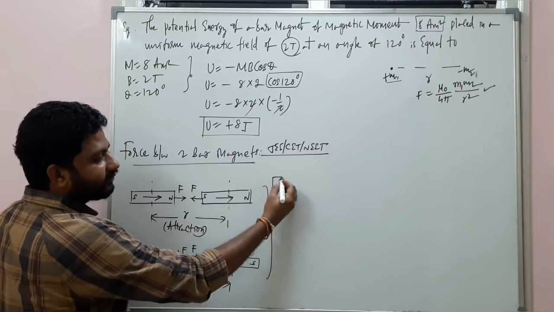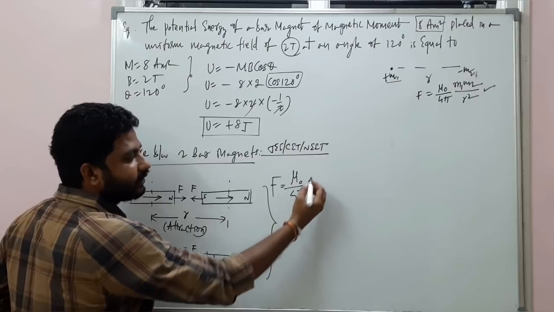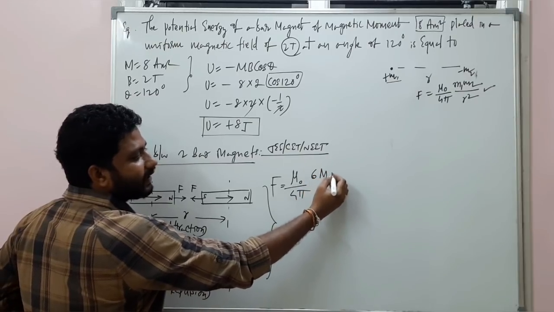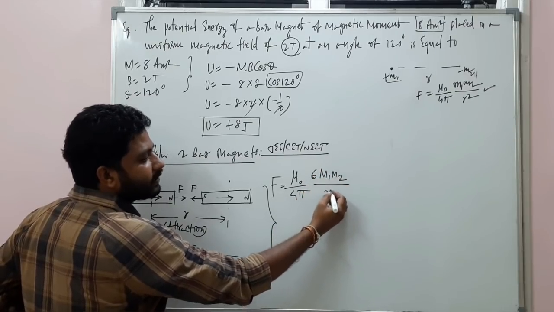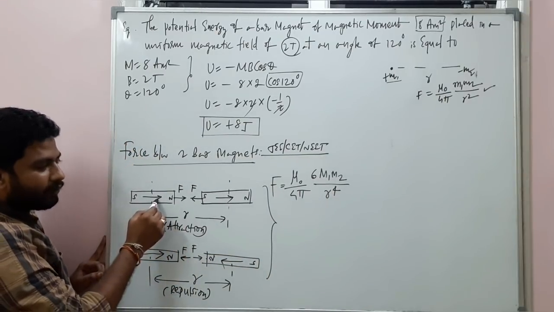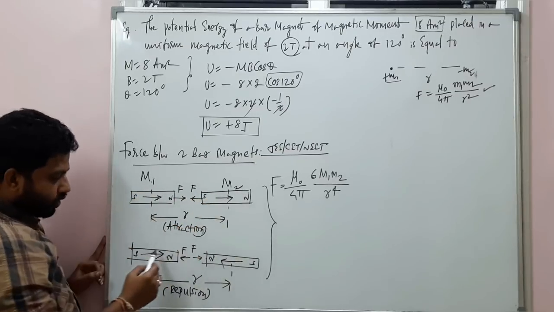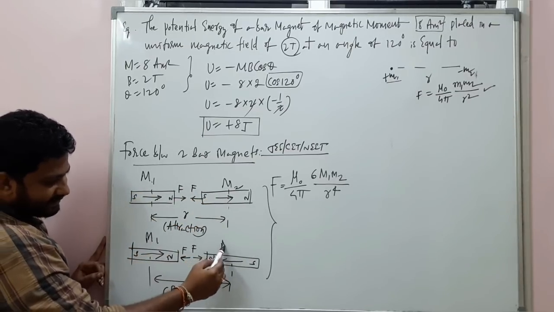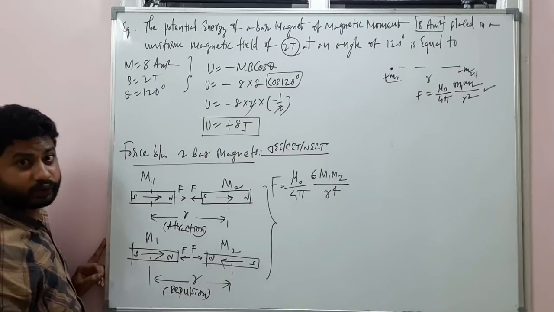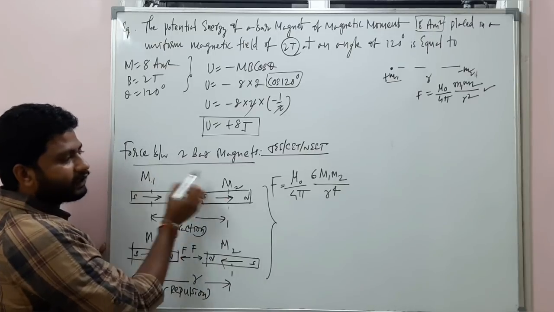Here, in both the cases, the force of interaction will be mu naught by 4 pi into 6 M1 M2 by small r to the power 4. What is M1 and M2? Magnetic moments of these two, this is M1 and this is M2. I hope it's very clear to you. So what you should understand, M1 M2 will be constant.